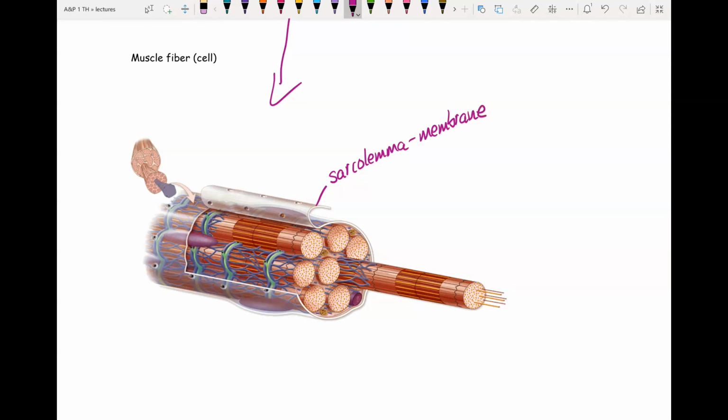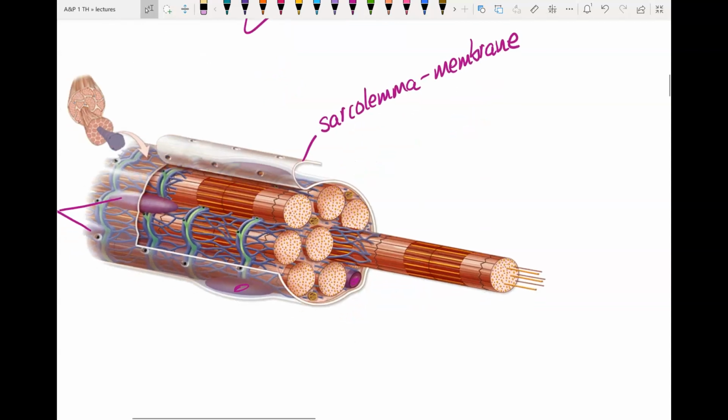And we talked about the multiple nuclei, so that's all these purple things here. There's another one here and another one here. The little yellow things that you see are mitochondria. There's one here and one here. Those, remember, are making ATP.